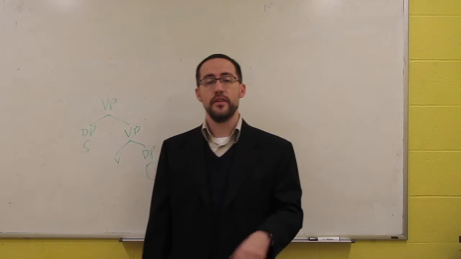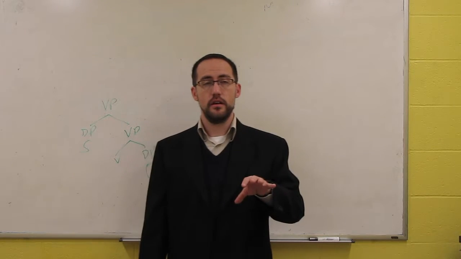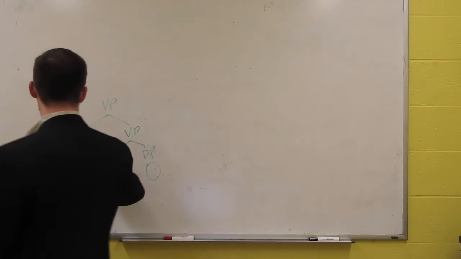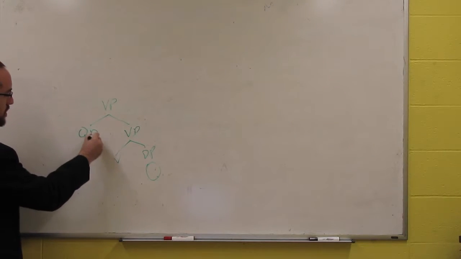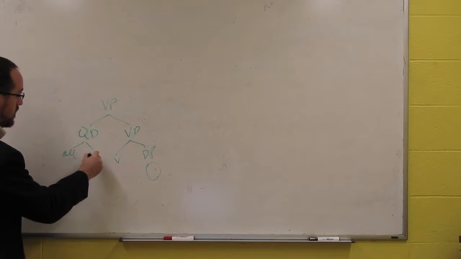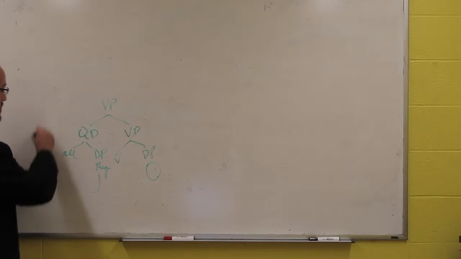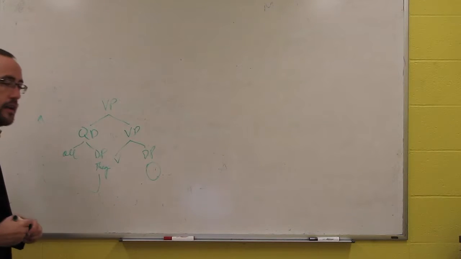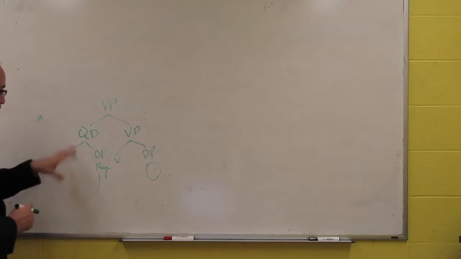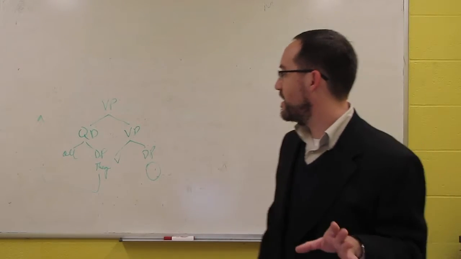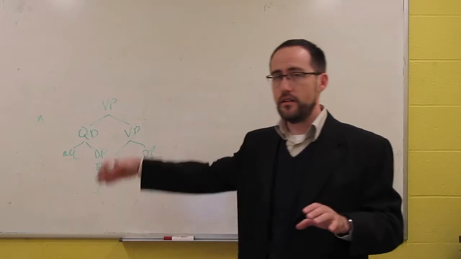That is to say, the subject starts inside the VP. You can imagine all as maybe a quantifier phrase, and it raises out. Now there's case issues that we won't get into, but the idea is pretty simple, that it was down here and moved out.